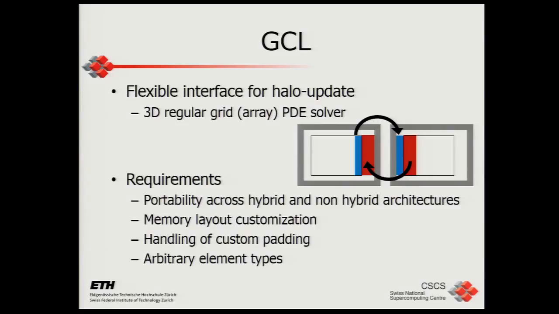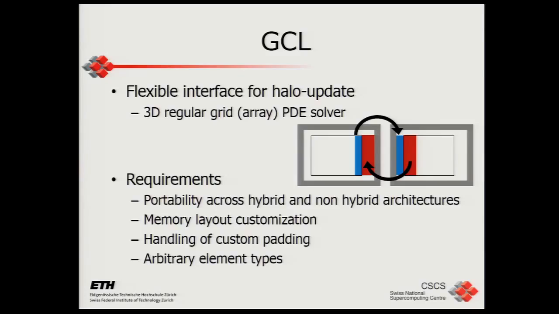We also have to handle custom padding on the dimensions because of alignment issues that you can have on the GPUs and on the CPUs. And of course, you also have to be able to deal with different element types, so vectors of integers, double floats, and whatever structures the user wants to use.